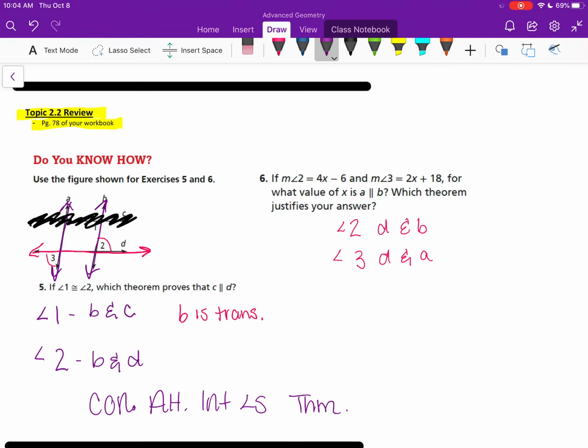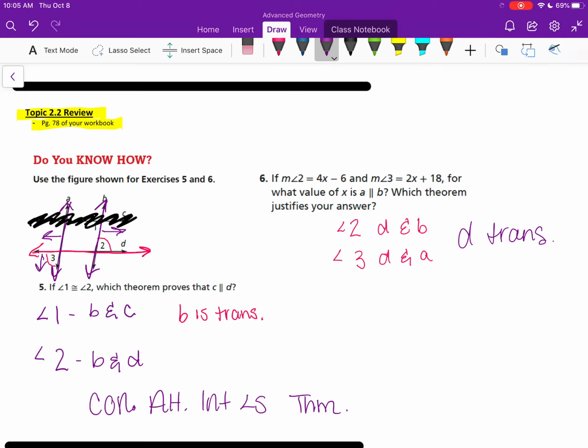So we said that D was the transversal, and we're trying to prove, is A parallel to B? So now we look at those parallel lines, which are A and B, and I can see that angle 3 is on the outside, angle 2 is on the outside, so that's exterior.